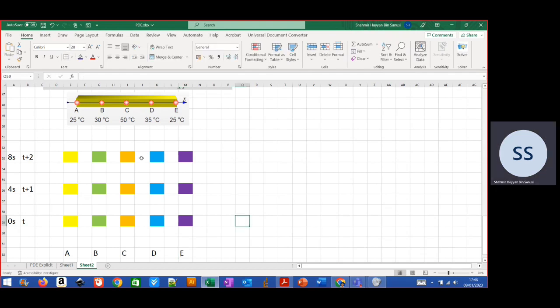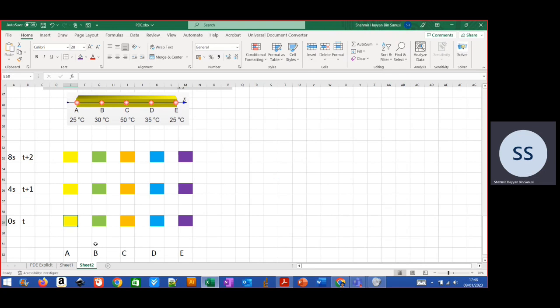So this is what we call the finite difference grid, whereby this represents point A, B, C, D, and E at different times. For example, this is at t equals 0, this is t equals 4 or t plus 1, and this is at t equals 8, which is t plus 2.